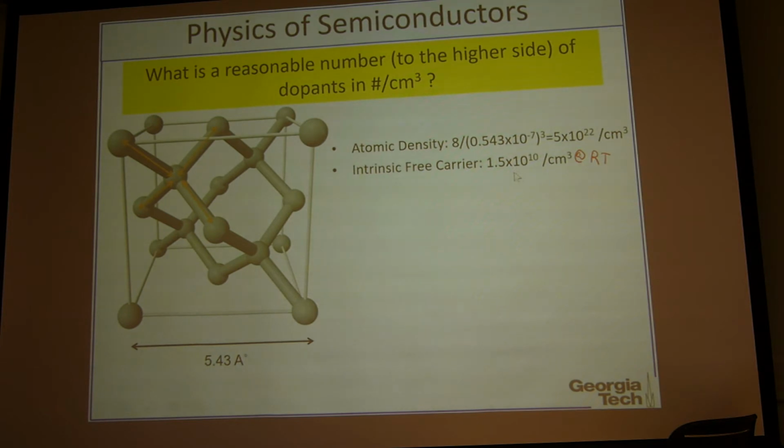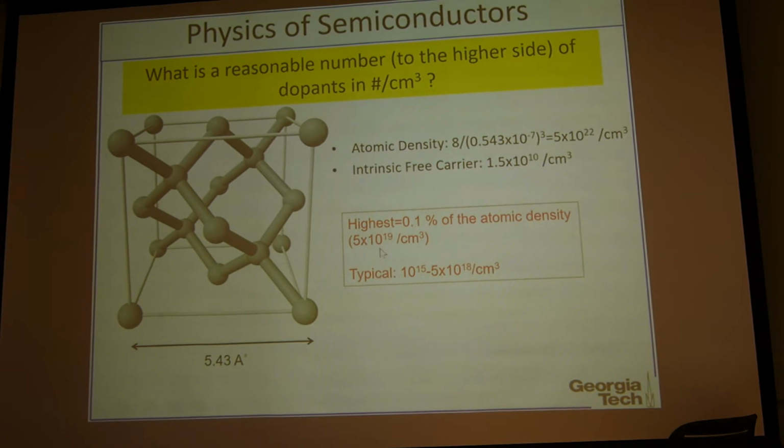As I said, this is too low for conducting current, because only 1 out of 10 to the power 13 atoms is broken. So if you want to increase the conductivity of silicon, you have to dope the silicon with dopants, either donors or acceptors. So what is the reasonable doping density?